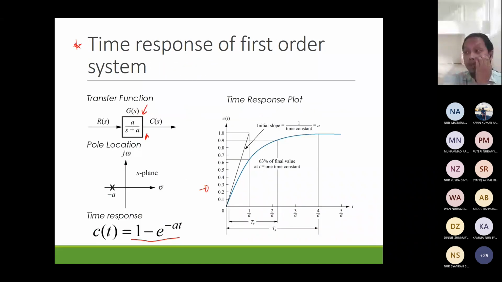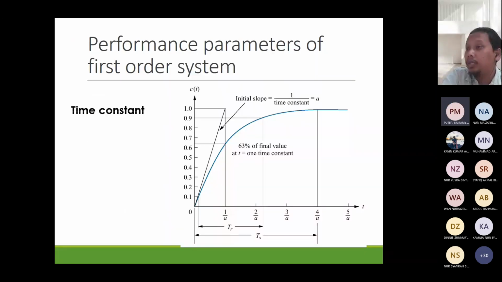From the time response, we can determine the performance of a first order system. There are several key performance indices that describe the performance of the time response of a first order system. Firstly, we call the term the time constant.